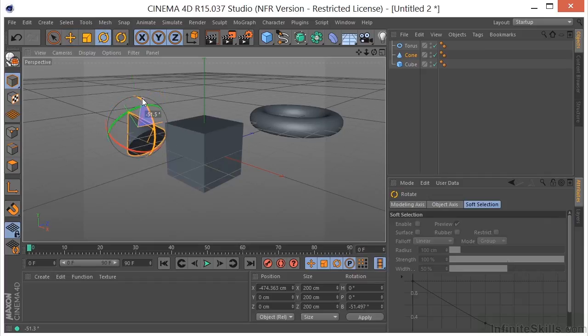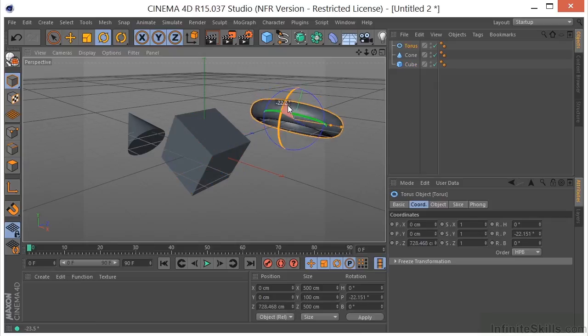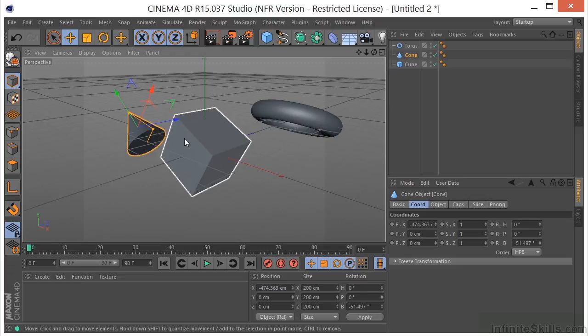And if I turn it like this and turn this one like that, we'll flip this one like this. If we come back and look at these, we can see that the object coordinate system is different than the world coordinate system.